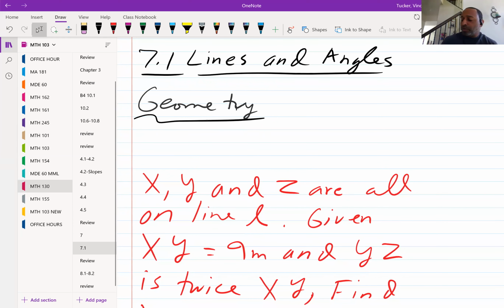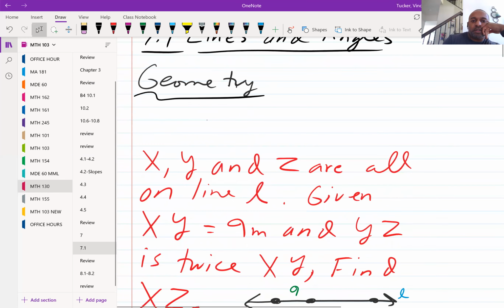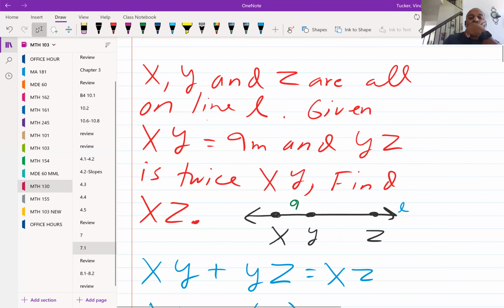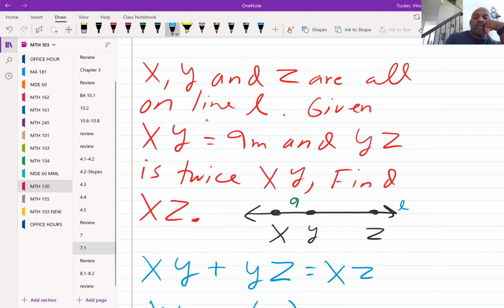Looking at this first one, just making sure we're okay with line segments and how they operate. X, Y, and Z are all on a line L. It says given XY is equal to 9 meters, YZ is twice XY. Find XZ. This is a diagram of what they're talking about.